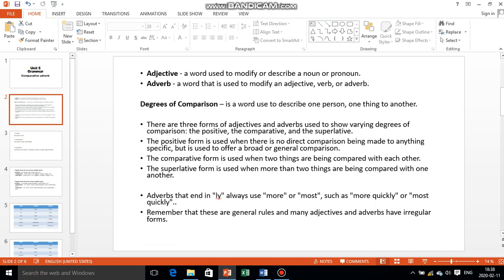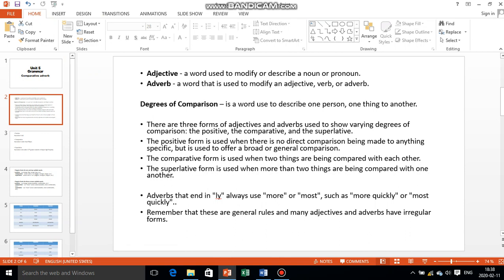Next one is adverb. These are words that are used to modify an adjective, verb, or adverb. Just like for example, actively, widely. Okay. Now let's go to the degrees of comparison. Degrees of comparison is a word used to describe one person or one thing to another.